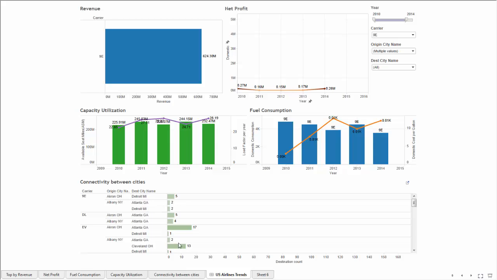These are the number of flights that are available throughout the year. From the last time we have 70 different flights, and these are the destination city flights that we have. So based on the revenue, net profit and capacity utilization, new entrants can plan their entry into the airline industry. This is about the second dashboard. Thank you.